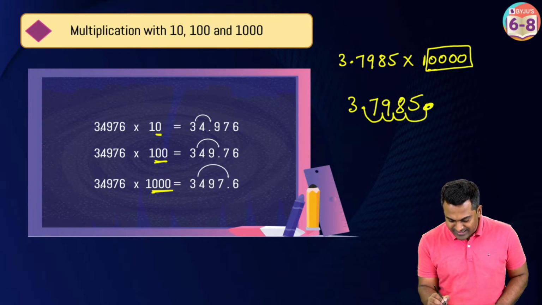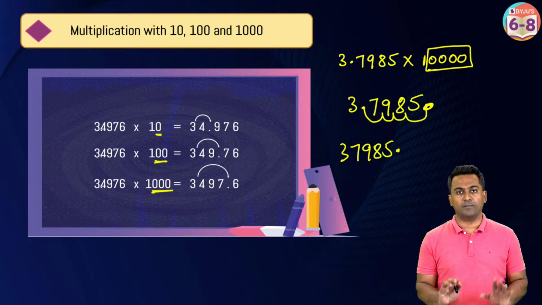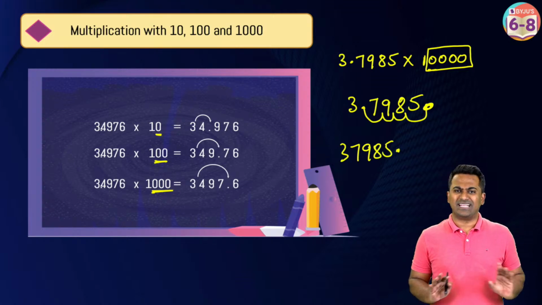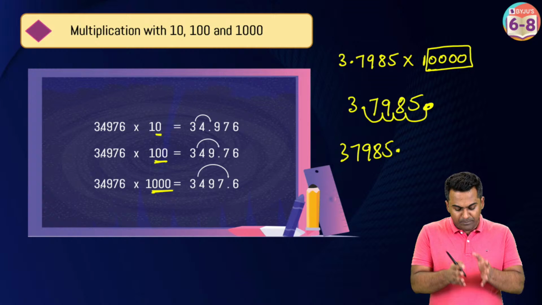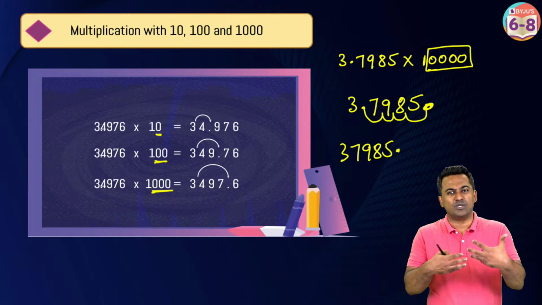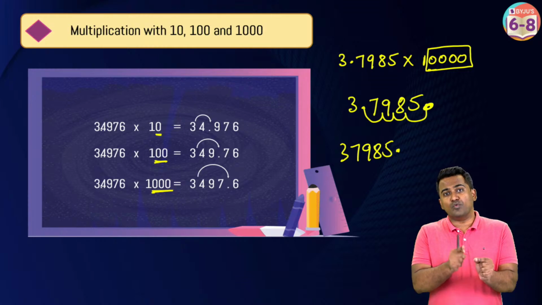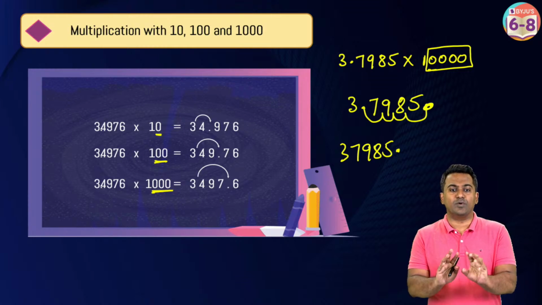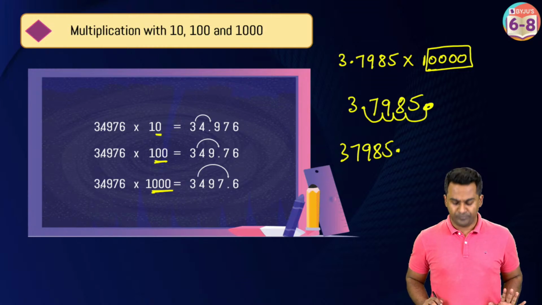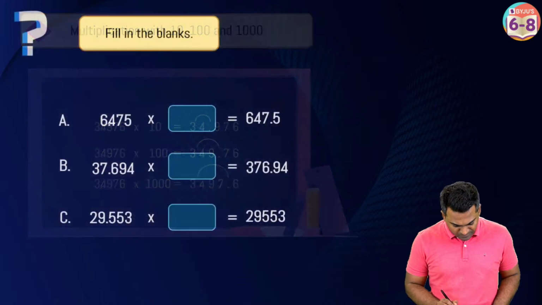So now as you can see, the decimal point is here and the answer will be 37985. That's all you've got to do whenever you're multiplying a number with 10, 100, 1000, 10,000, 1 lakh, 10 lakh, whatever. Just count the number of zeros and move the decimal point as per the number of zeros. Come on, let's move on and check out the next one now.